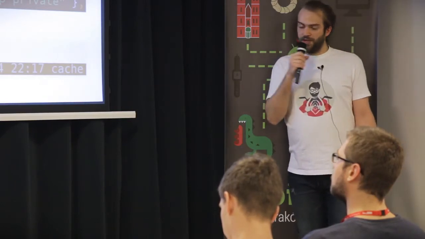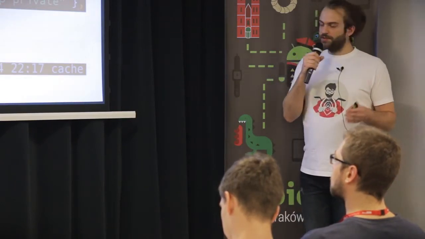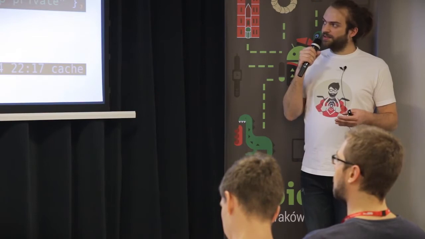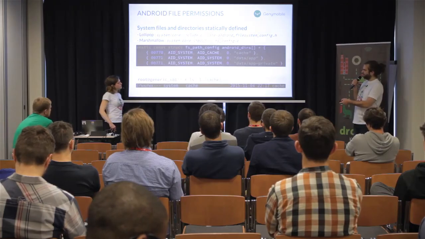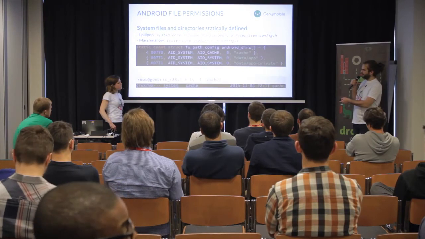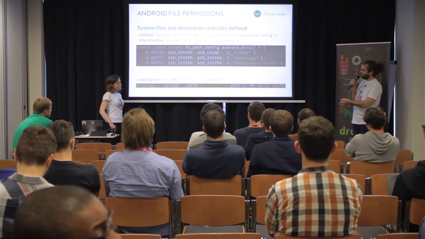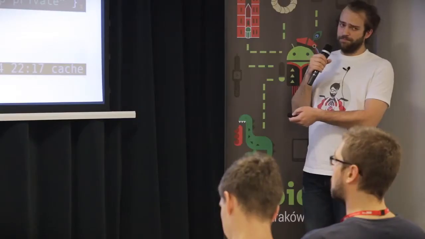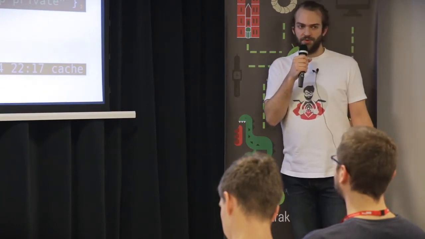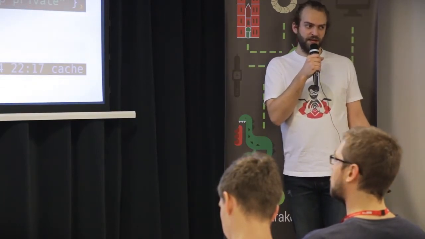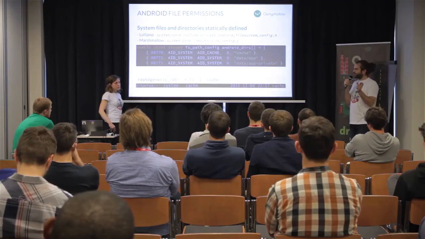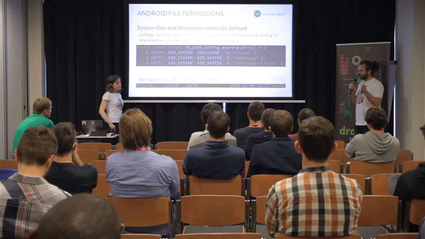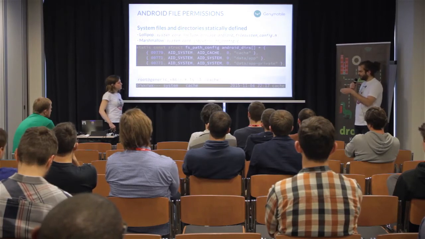We can see that for the cache directory located at the root of the file system, we get the UID system, the group, the GID cache, and those would be the access rights, only represented in octal form.